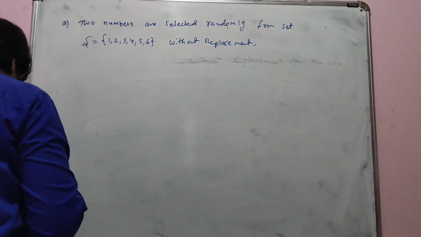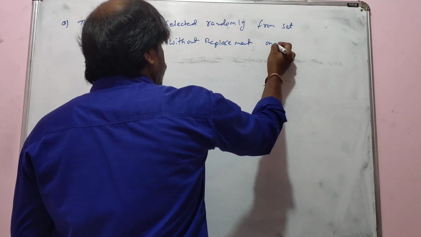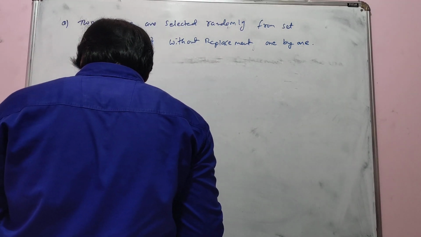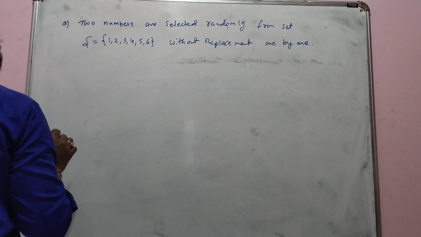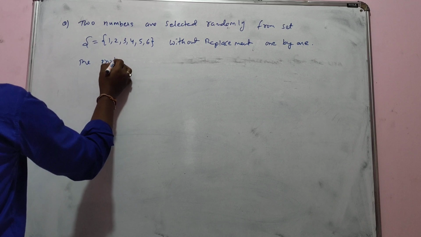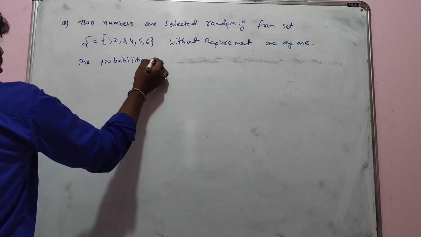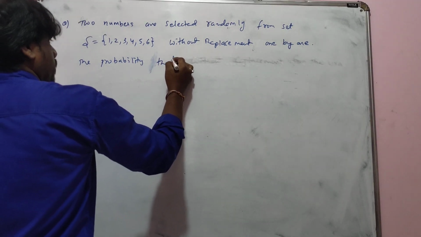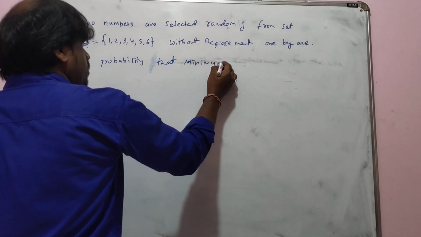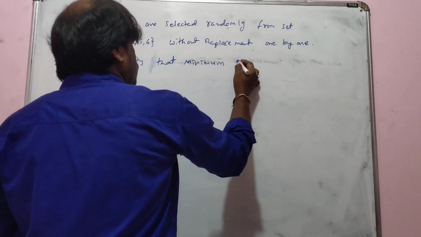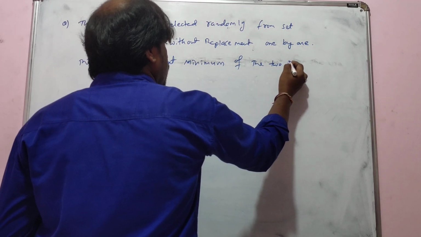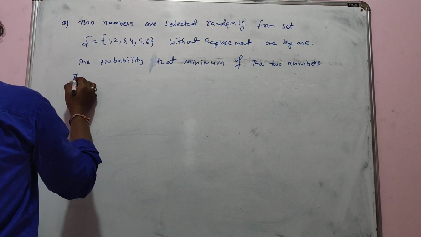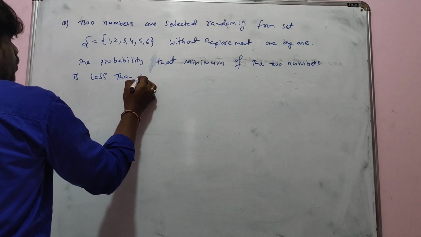They said the probability that the minimum of the two numbers is less than 4 is dash.